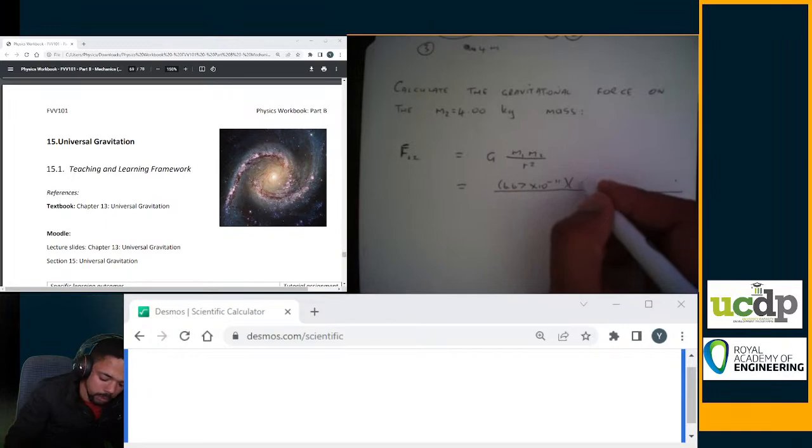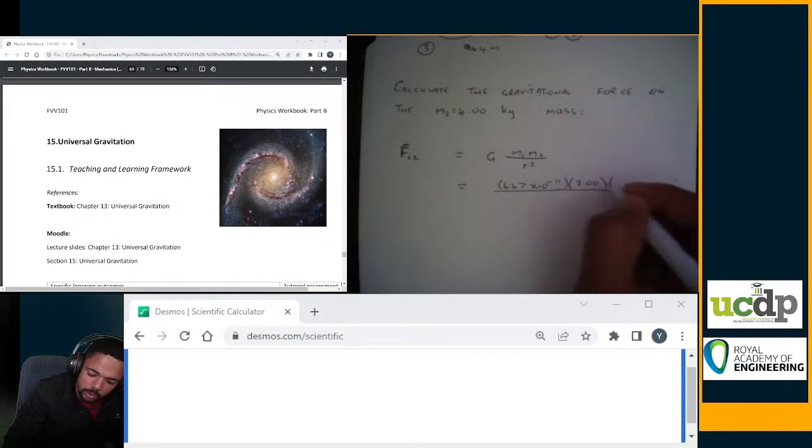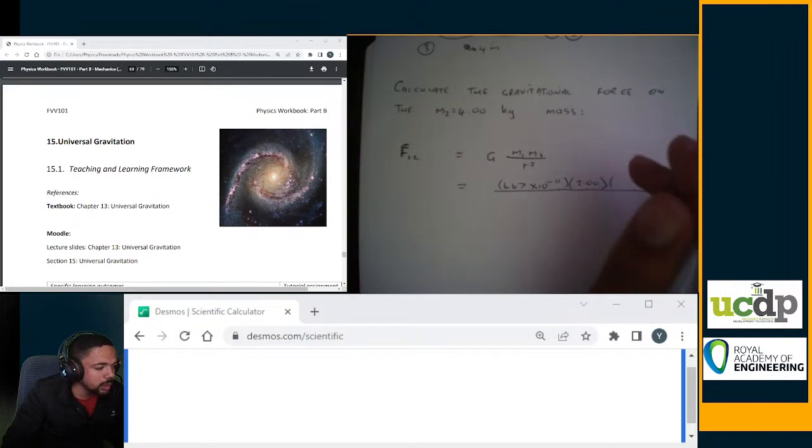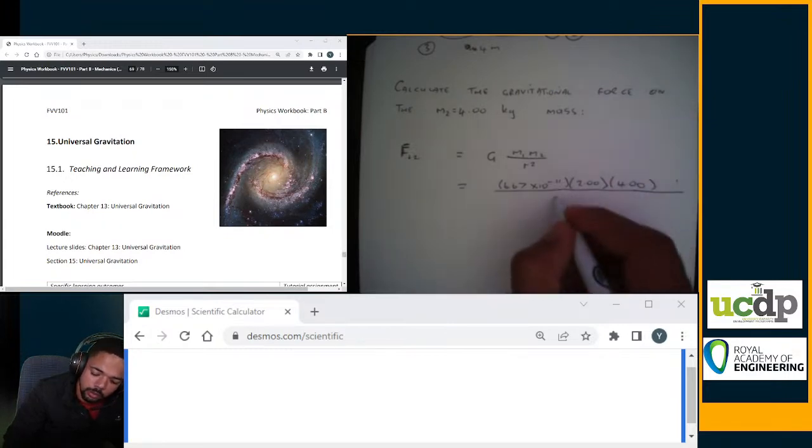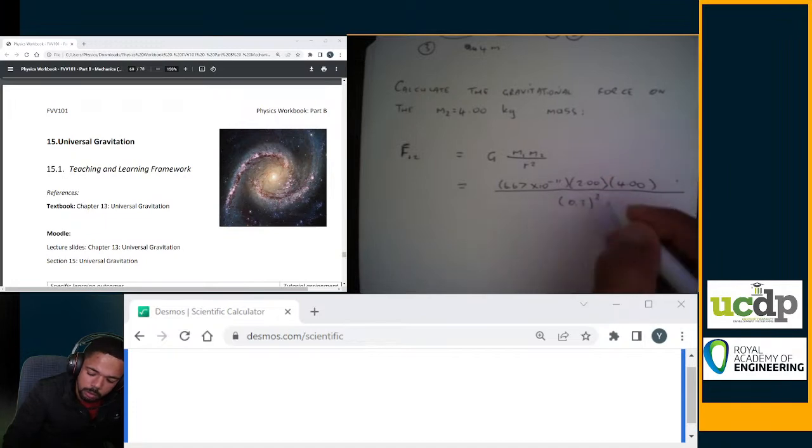Okay, so the mass of sphere 1 is equal to 2 kilograms. I do not put in units while actually putting it in, but it is a good habit to do that. Divided by the distance between them, which is 0.3, and remember that distance must be squared and in meters.